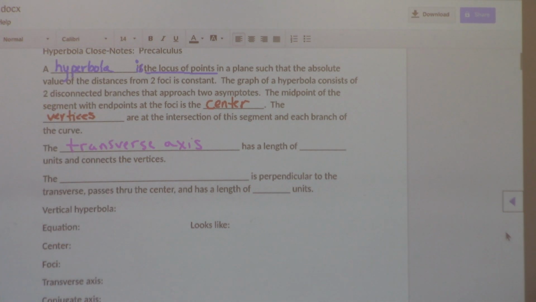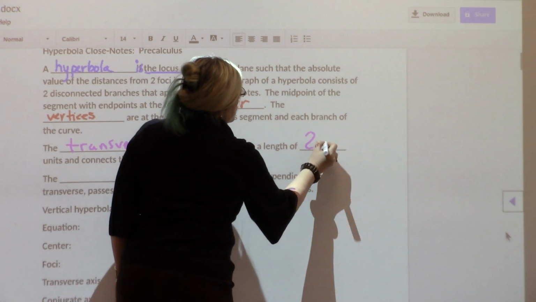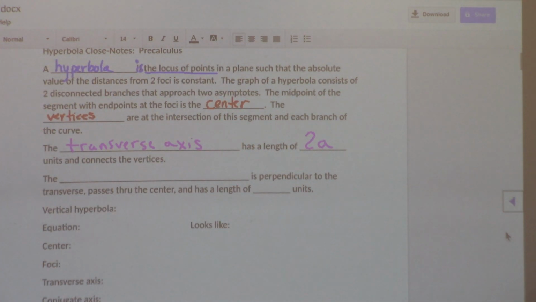And this transverse axis, which really is from here to here, has a length of 2a, which means from here to here it is 2a. If it is 2a, then how far is it from the center to one of the vertices? A. That is good. So, let's keep that in mind. So from here to here is distance a.